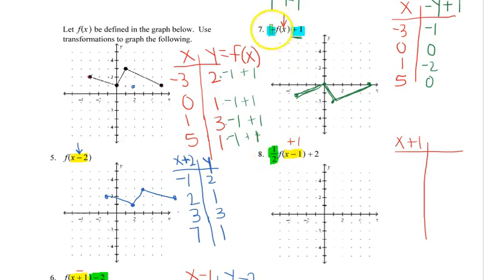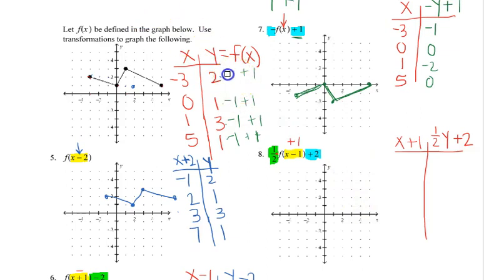It's like the negative 1 that we talked about. The 1/2 in front is affecting the y. So I'm going to multiply all the y's because it is 1/2 times f, multiplication. And then the last one is that plus 2. It's on the outside, so we are shifting everything up 2. So you have to do each of them individually.